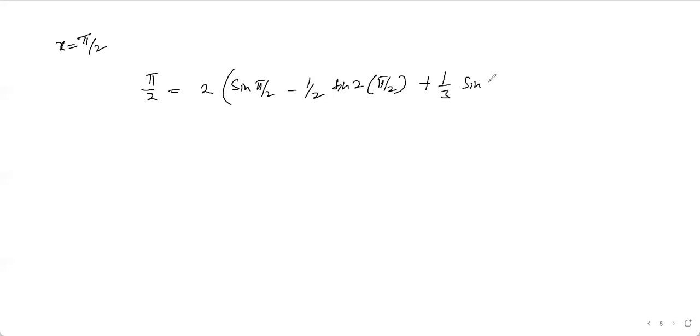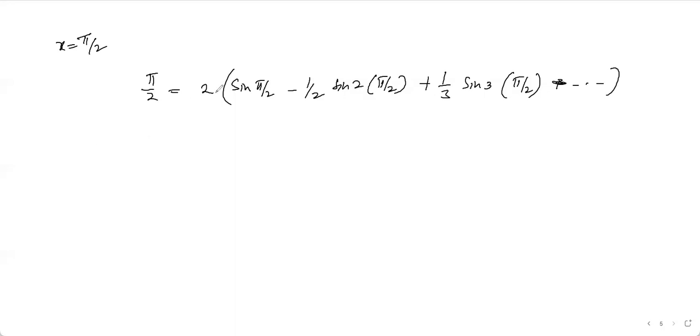Now suppose we take x equal to pi by 2. Substituting it, pi by 2 is 2 times sine pi by 2 minus 1 by 2 sine 2 pi by 2 plus 1 by 3 sine 3 pi by 2, and so on.